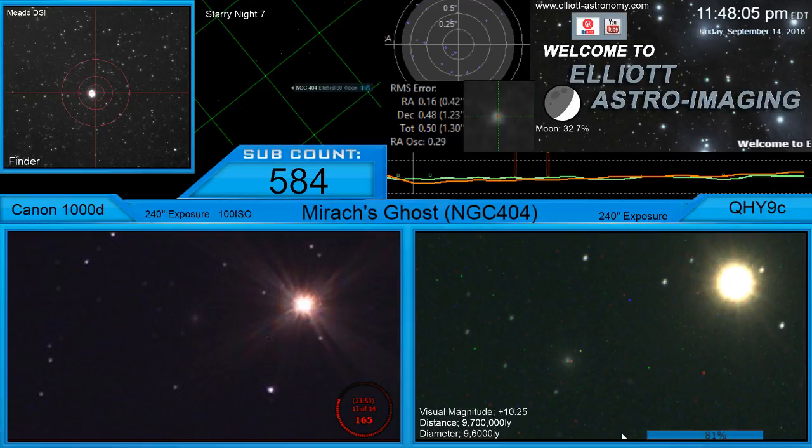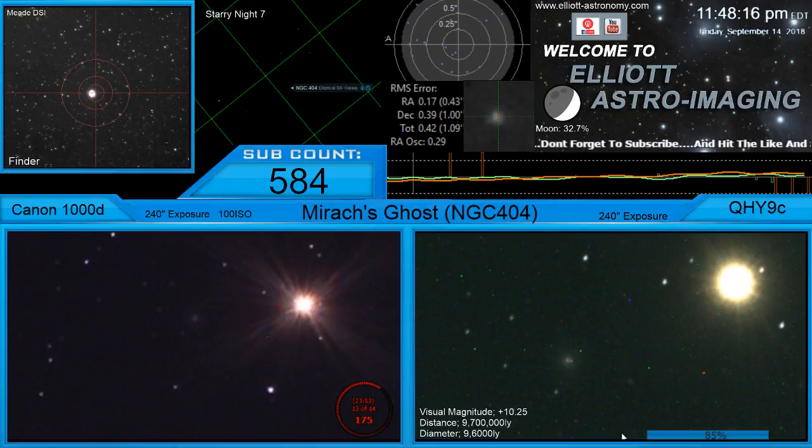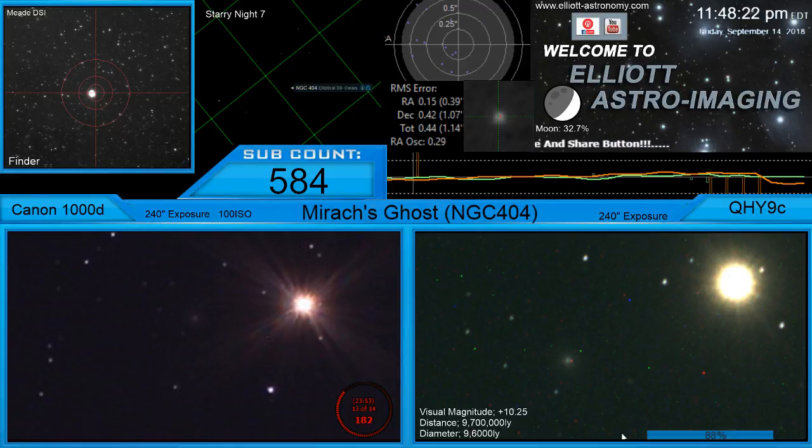Okay, so right now I'm in the midst of trying to talk to the people out at QHY. They're a CCD company that make CCD cameras for astrophotography. The camera that you see on the right is the QHY 9C. The C stands for color, 9 is the 9th model, sort of.